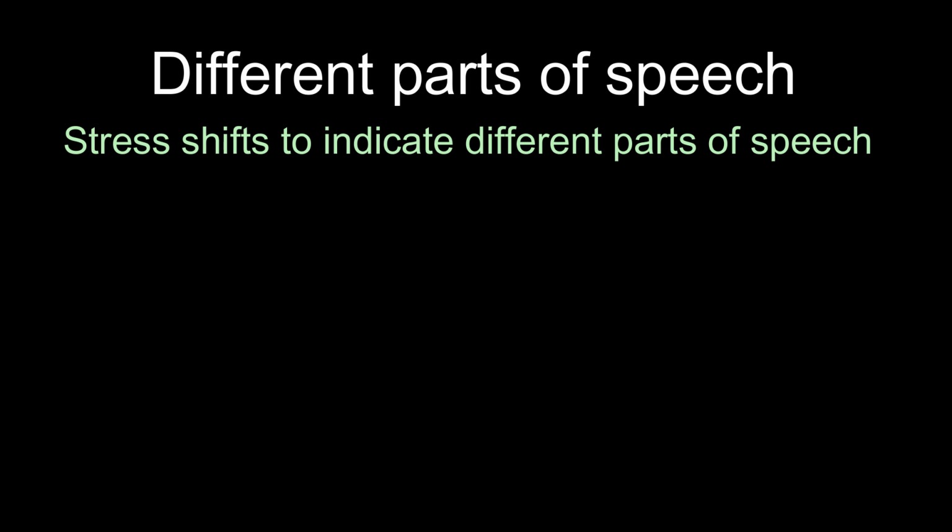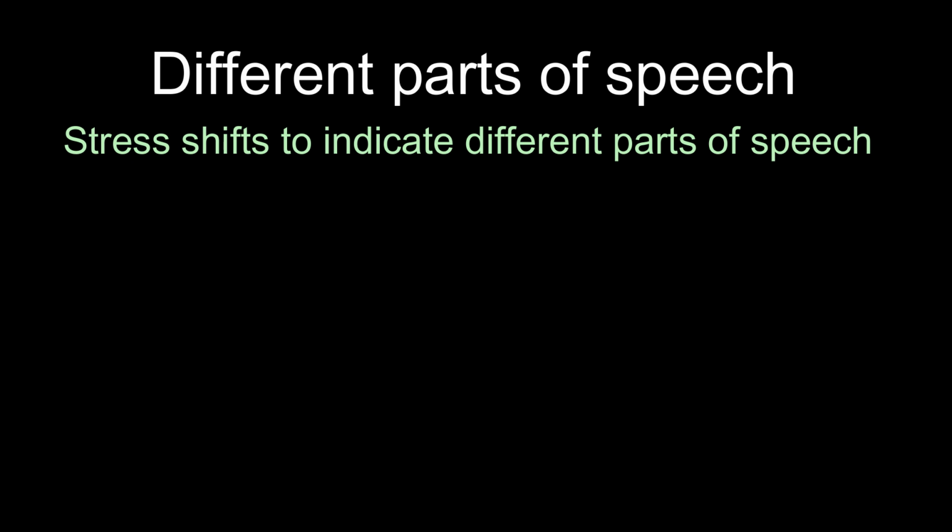Different parts of speech. Stress shift can also be used to indicate that a word belongs to a different part of speech in a sentence. Many English words can be used as nouns, adjectives, or verbs by simply shifting their stress.